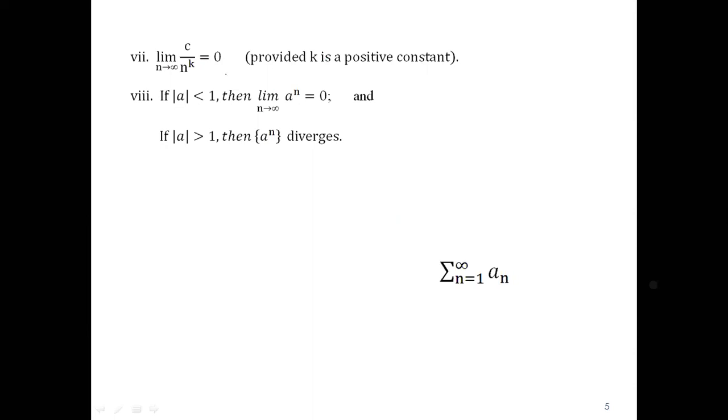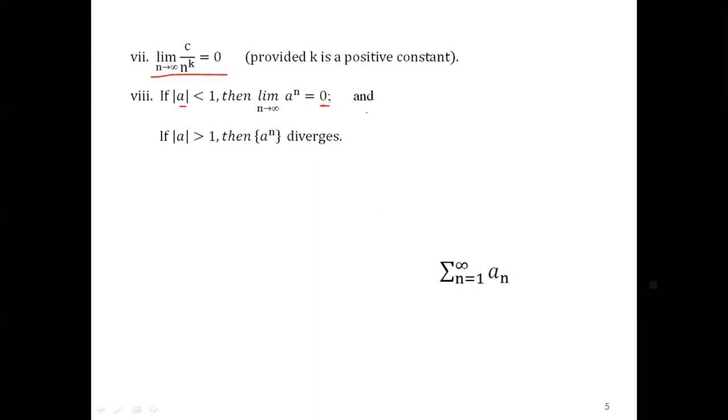This is also another very important property that we need to remember. Okay, then if the magnitude of a is less than 1, then the limit of a raised to the power n as n approaches infinity also approaches 0.